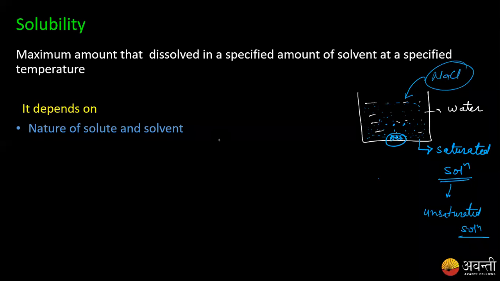The second is the temperature, and the third one is the pressure. These are the three factors which affect the solubility. Whether the solubility will be higher, lower, or zero, all depends on these three factors: nature of solute and solvent, temperature, and pressure.